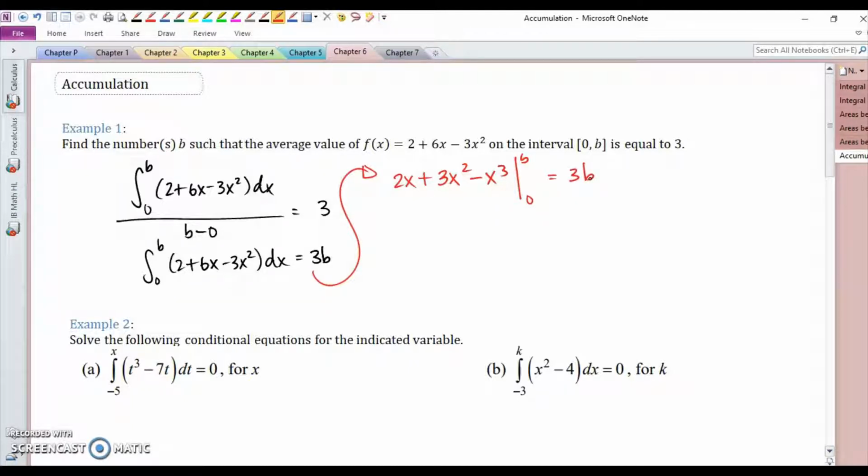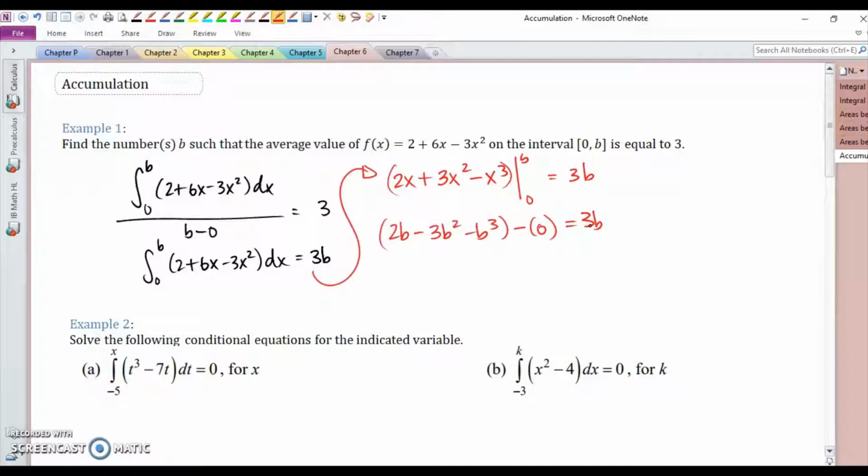Fundamental theorem of calculus says go ahead and plug in b and then plug in 0 and then subtract them. So if I plug in b, I'm going to get 2b plus 3b squared minus b cubed, all of that, minus, now plug in 0. It's always good to show that you actually plug stuff in. So I know minus 0 is kind of silly, but I'm showing I plugged it in, equals 3b.